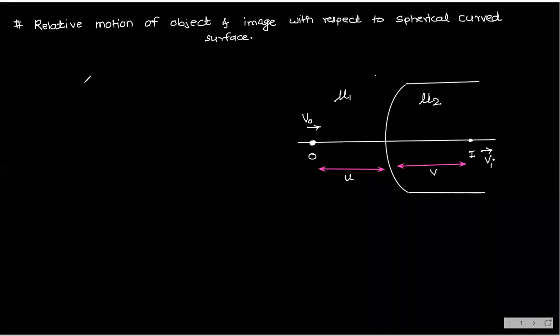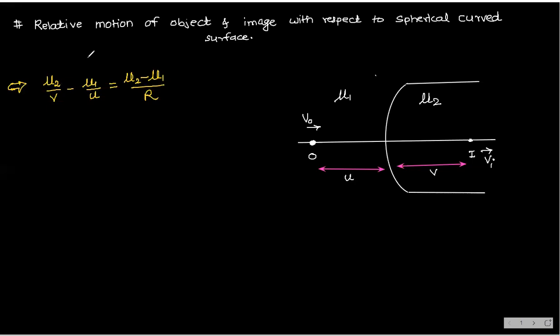Let's see how. First of all, I am taking our formula, that is mu2 by v minus mu1 by u is equal to mu2 minus mu1 by R. Now let's differentiate.